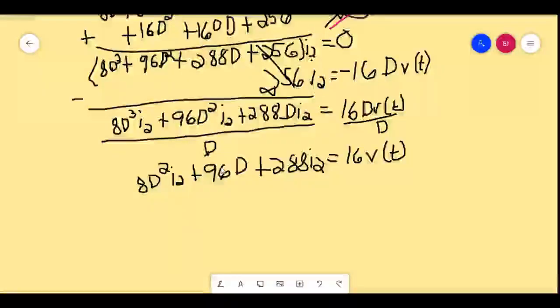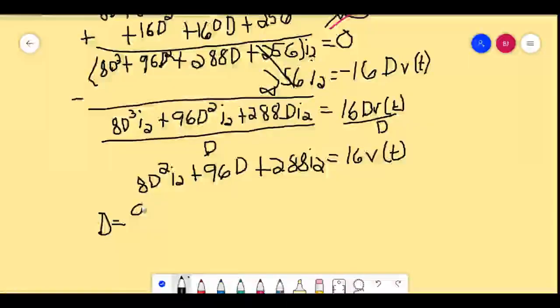Okay. And then technically this is already the answer for the equation for I2, or the differential equation for I2, but we still have to bring d back to its original form, d over dt. Remember that we put in that d is equal to d over dt, so we have to go back.